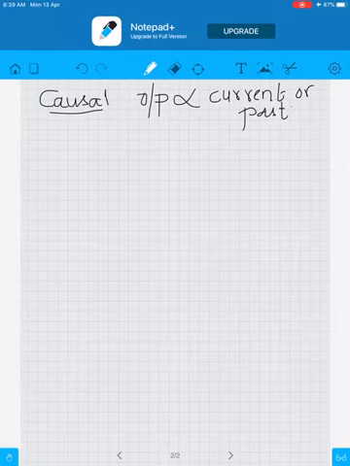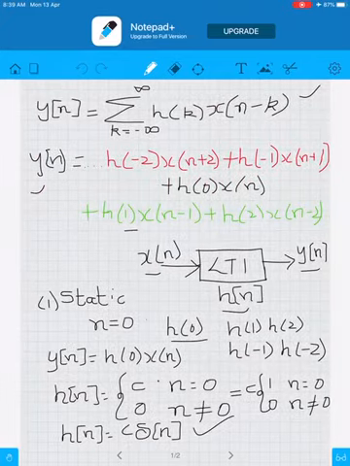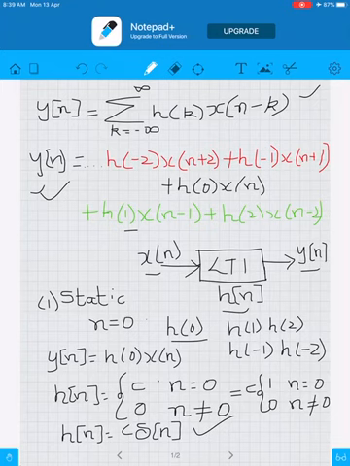So the output should depend on only current or only past values, or a combination of these. If I go back to the previous equation and substitute n equal to 0, y of 0 will be h of minus 2 into x of 2, a future value, h of minus 1 into x of 1, again a future value. So these terms should not be there.